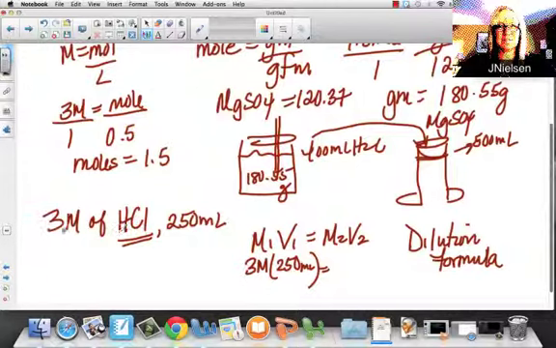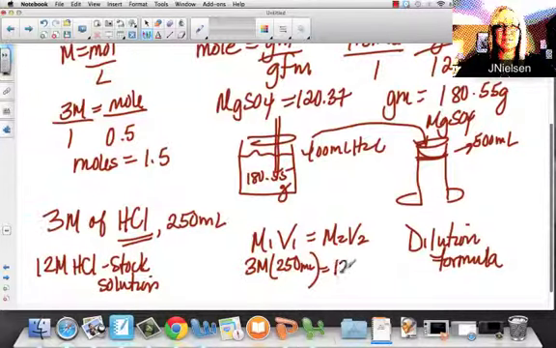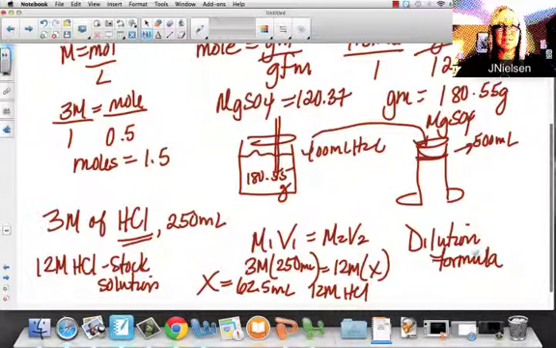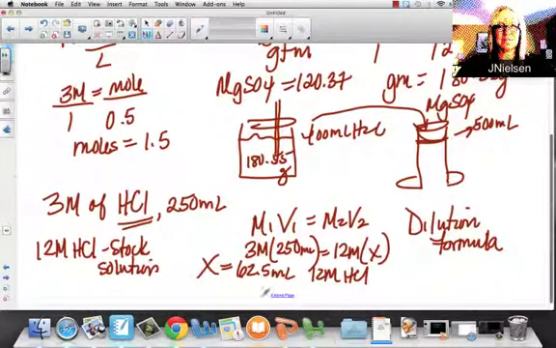Well, in my stock room, when I buy hydrochloric acid from the company, it only comes as 12 molar HCl. This is your stock solution. So I know that I've got 12 molar, and I don't know how much volume. So I simply solve for x, and I get x equal to 62.5 mils of the 12 molar HCl. So what do I do next?